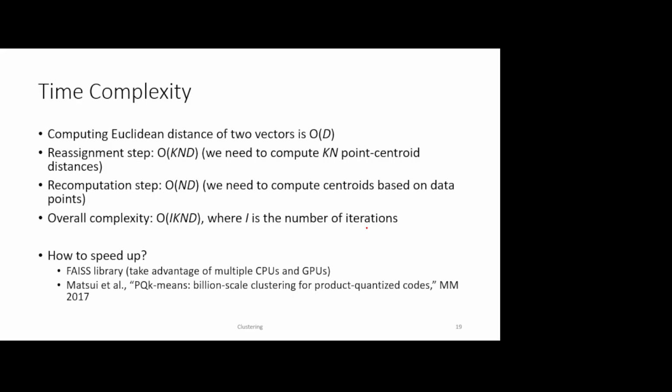But if you really encounter billion-scale training data, the simplest way is to do sampling. You don't need to use the 1 billion data points to do training. You can sample maybe only 1 million data points for your training, and you can save a lot of time.